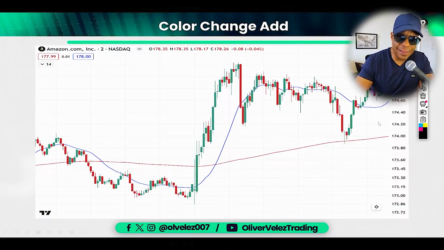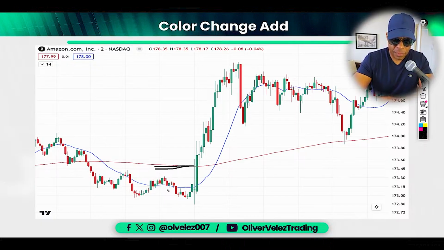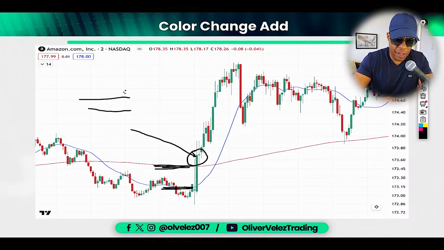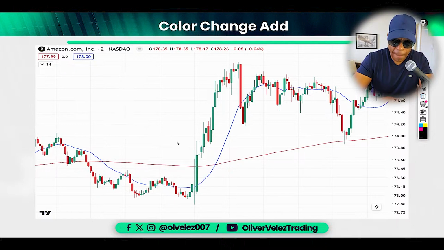Look at Amazon. This was yesterday. I think this was Friday. I'm not sure. Look, here's your state. Power bar. What position is that? That's 1, right above the narrow state. That's power bar entry, so let's do it.